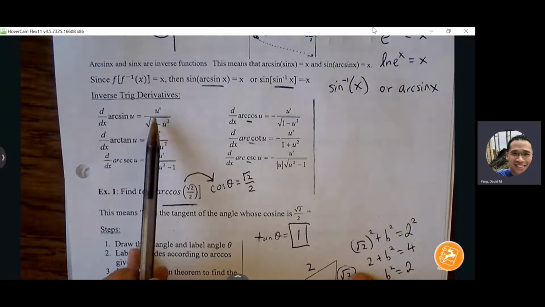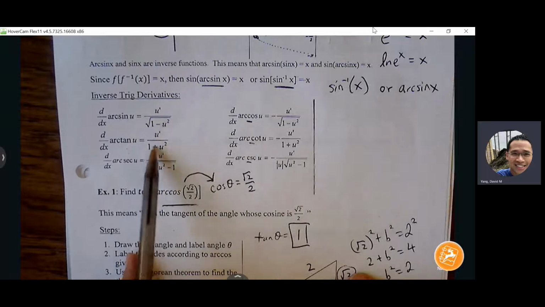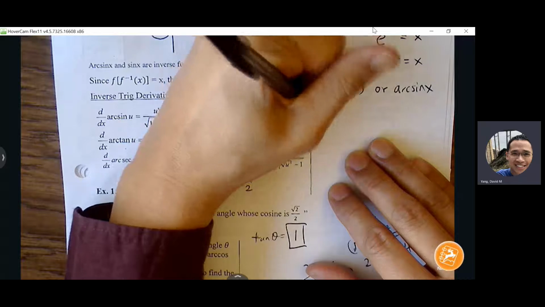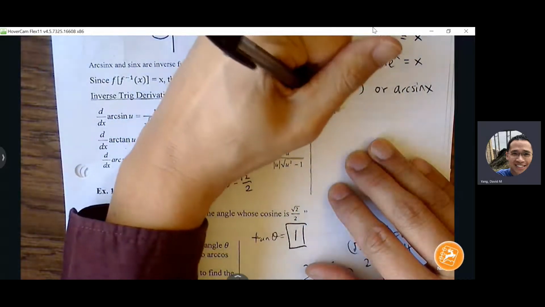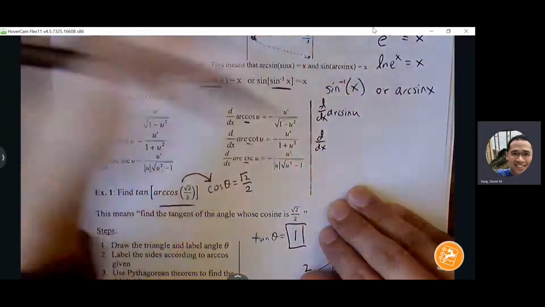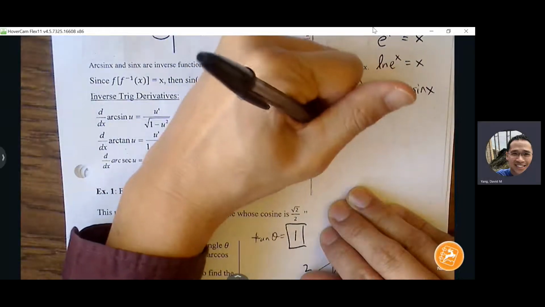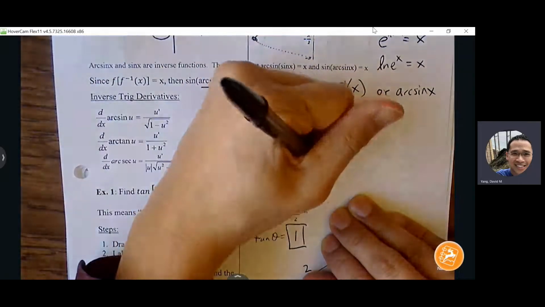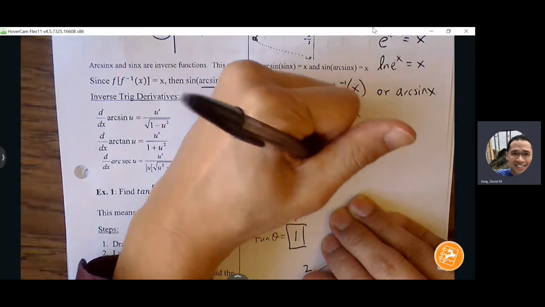But I want us to discover patterns to help us remember these rules more efficiently. So I'm going to write these over here again and talk about how I process and derive these rules using patterns that I see.